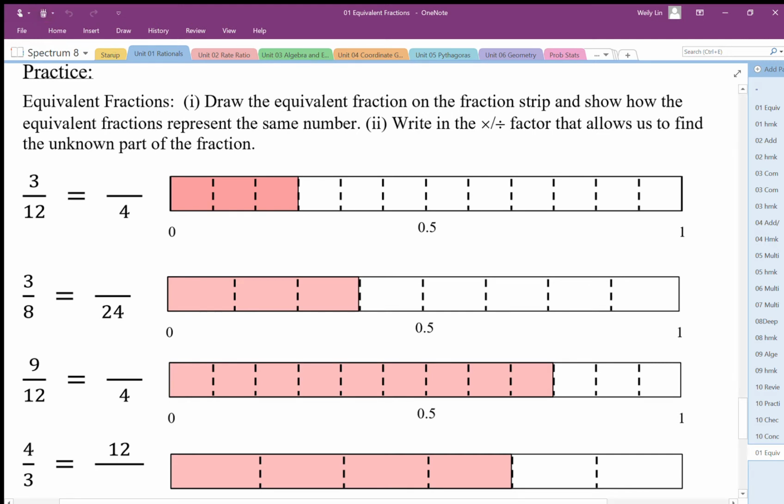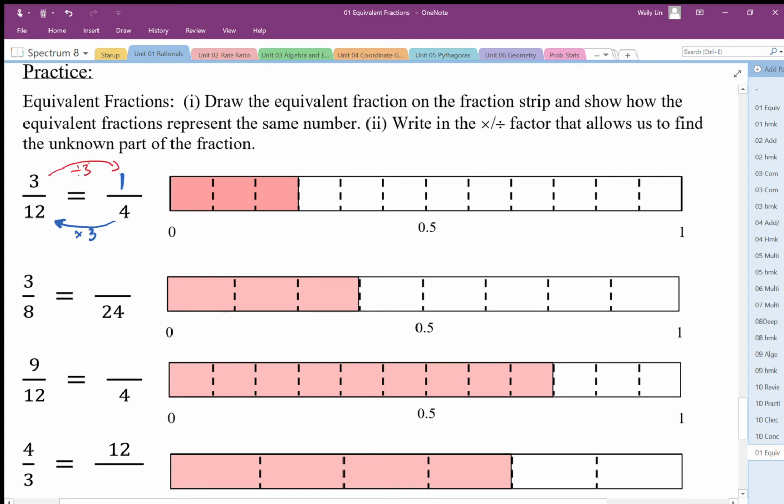So if I want to write the equivalent fraction here, 3/12 is the same as 1/4. We can see that I have a times factor here, times by 3. And I know that if I go in the opposite direction, I can divide by 3.